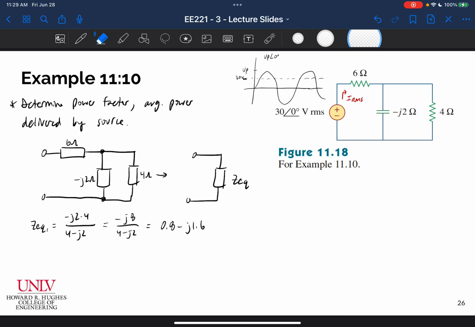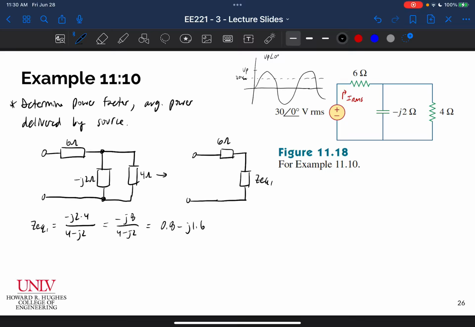Because there's a 6 ohm resistor in series with that, I basically went from my original circuit to this: I have 6 ohms and ZEQ1 right here that I just found. Then I add 6 to this to get my ZEQ final, which is 6 ohms plus 0.8 minus J1.6 ohms.